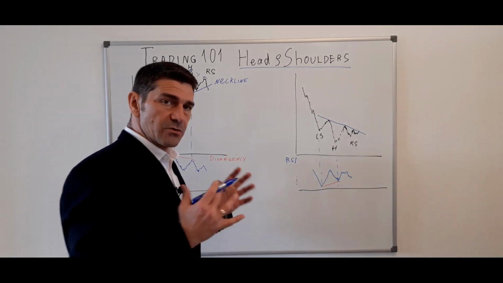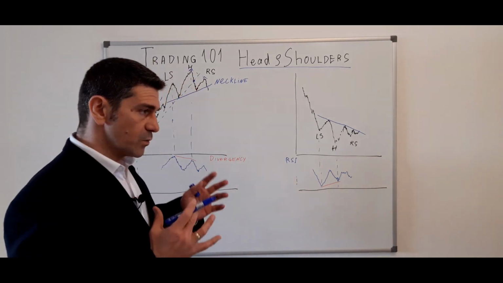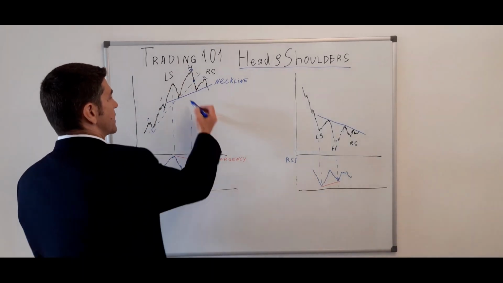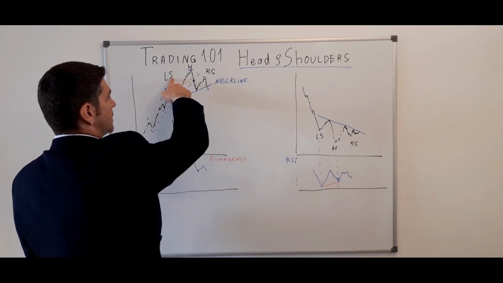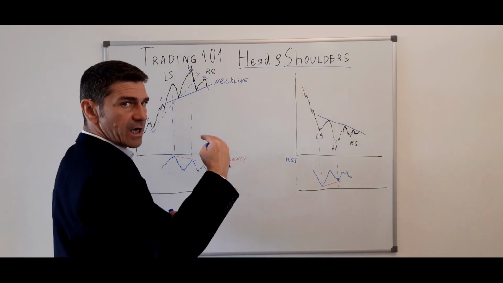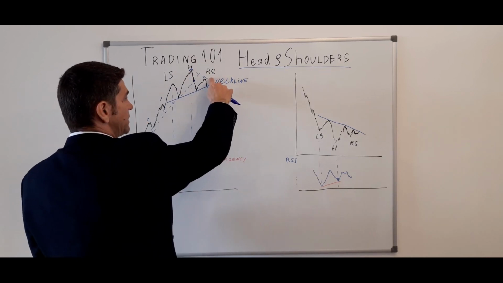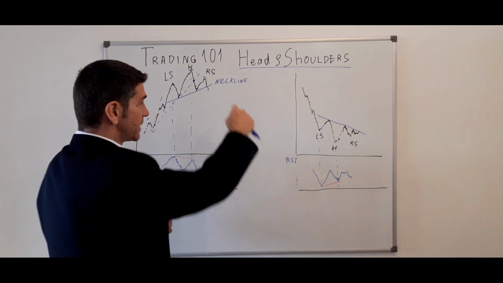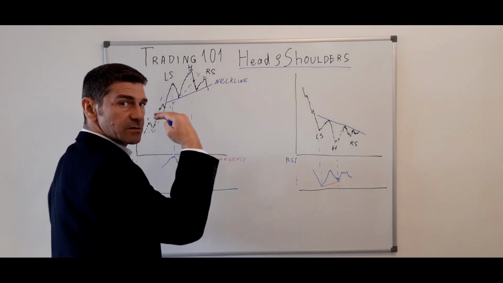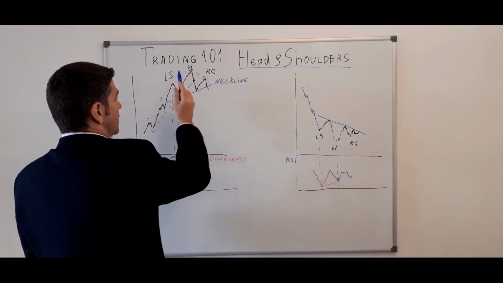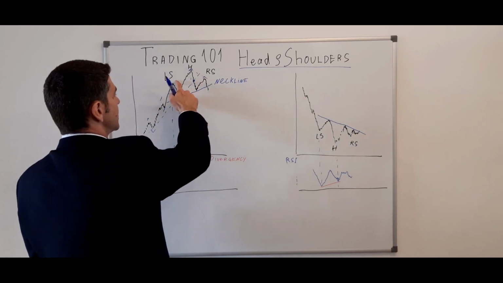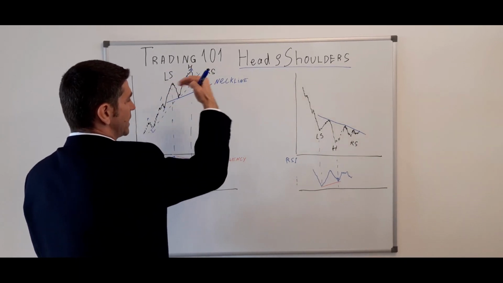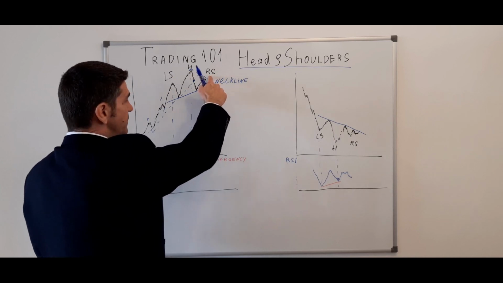But when we are talking about head and shoulders, what do we have to look for? First, we should have this figure. We've got three highs, and the right-hand side high is lower than the top. So we're going to say that this is the left shoulder, the top, the head, and the right shoulder.